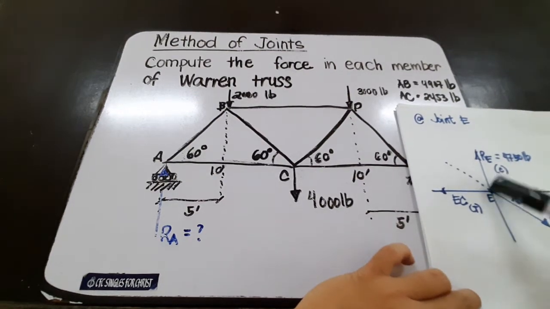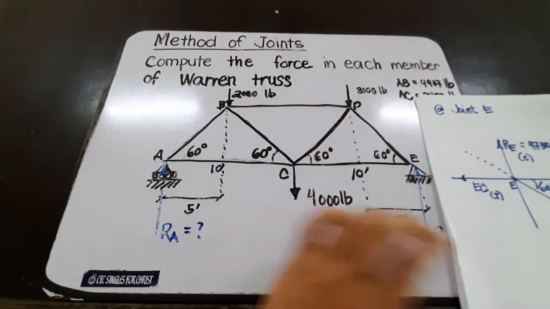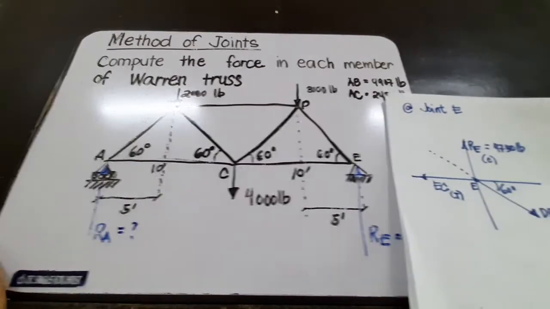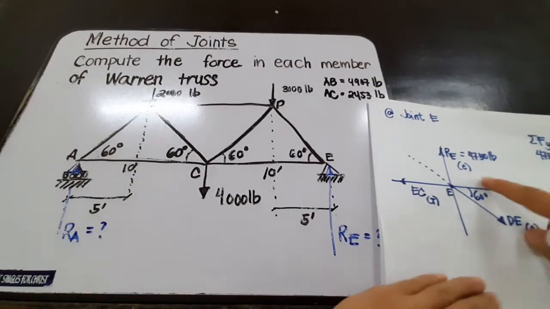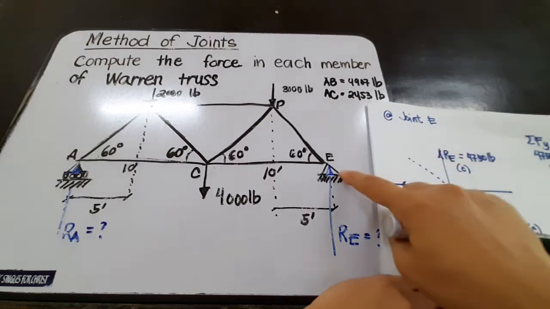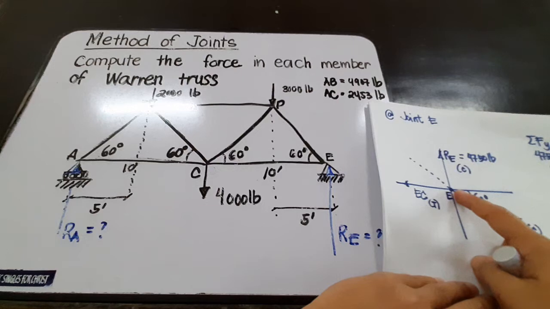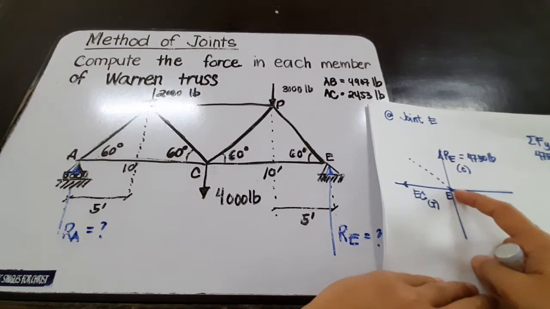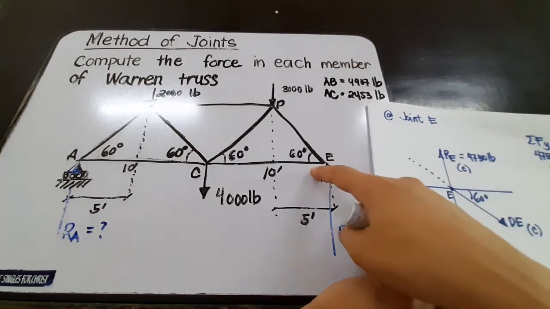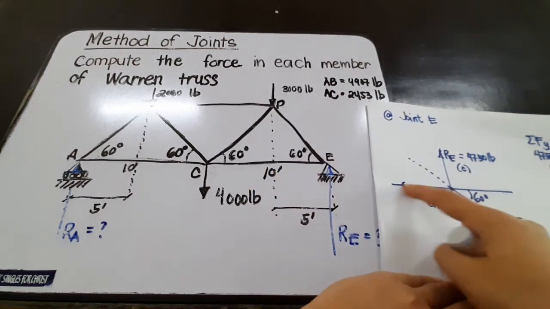So we have RE upward, having an upward direction, and this is a compressive force towards E. The next is we assume EC to be tensile.